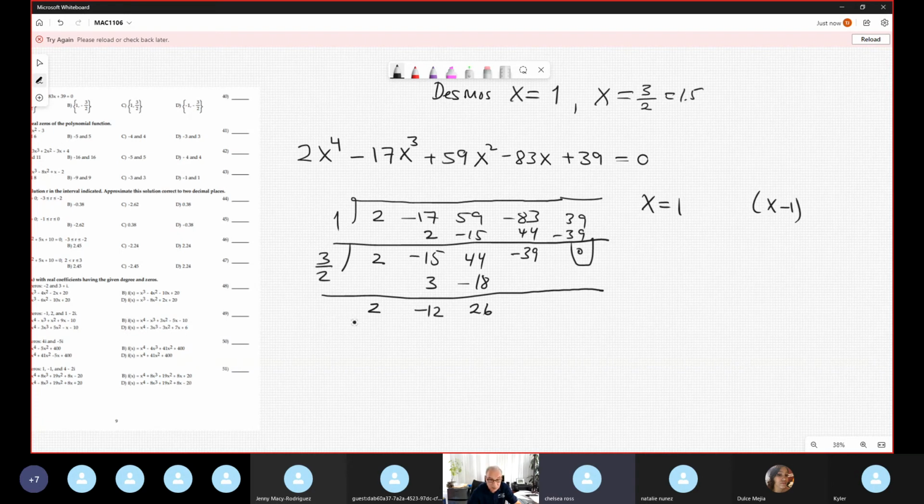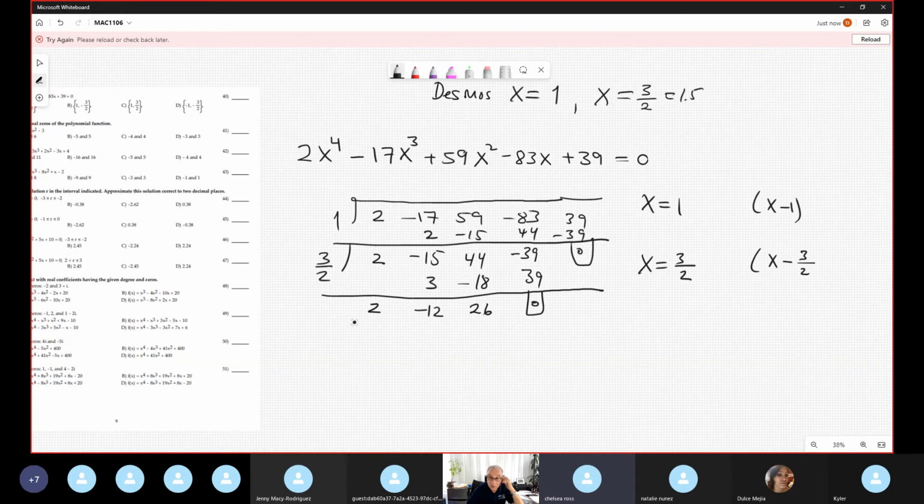And 26, trying 3 half. Wow, what the hell? No, it's easy. You divide 26 by 2 is 13. Now 13 times 3 is 39 positive. It's 0. Okay, therefore I prove that x equal 3 half is a zero and the factor is x minus 3 half.